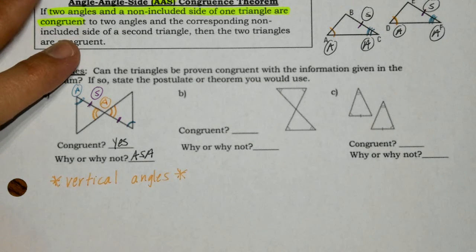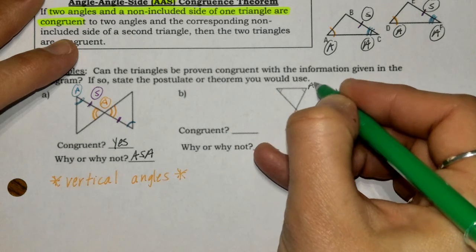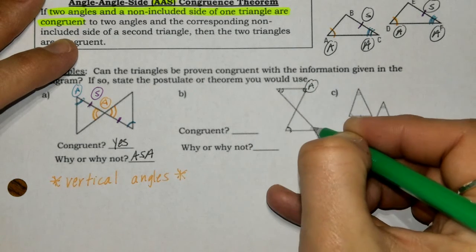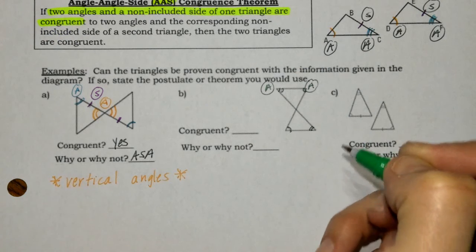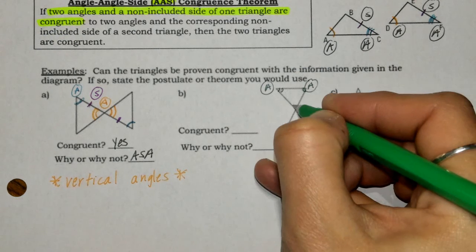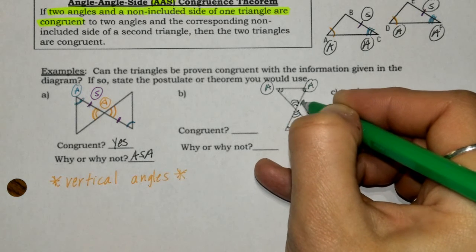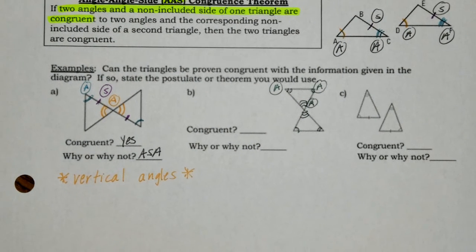On the next pairs of triangles here, we see that we've got an angle right here and here. We have these two angles that are congruent. So we have another angle. And we don't have any sides, but what we do have is those vertical angles again here. But the problem is that gives us a third A. Angle, angle, angle, and you're going to learn this with similar triangles. This will not prove congruency.